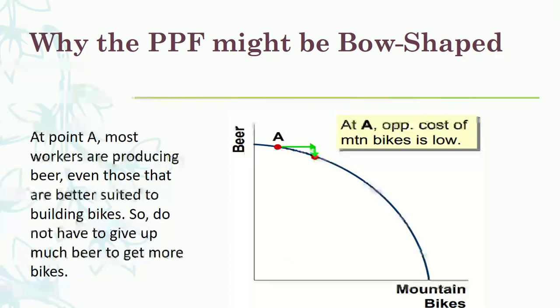So most of the workers are producing beer, even those better suited to building mountain bikes. So you do not have to give up much beer to get more bikes here. At point A, the opportunity cost of a mountain bike is low. There is not a really big rise or run.